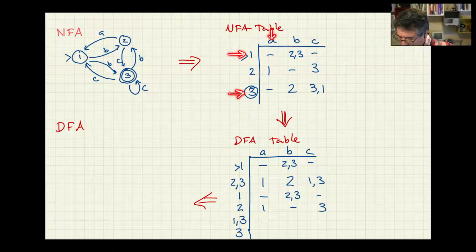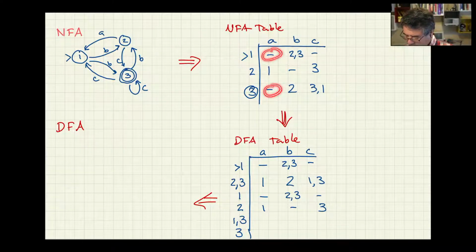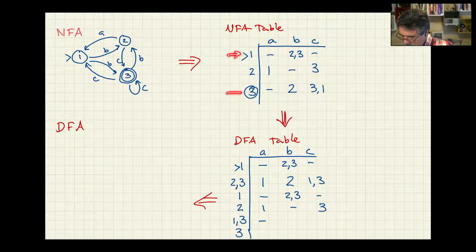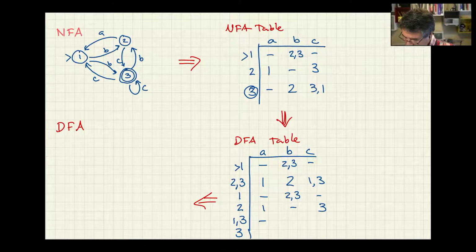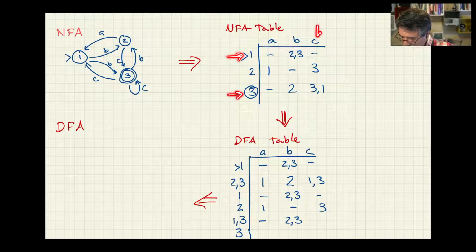On an A, we see nothing and nothing, so that's a dash. All right, 1 and 3 on a B. I see a 2, 3 and a 2. Let's put those together and make 2, 3. And then 1 and 3 on a C. I see a dash and a 3, 1.